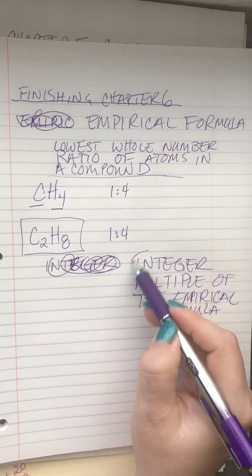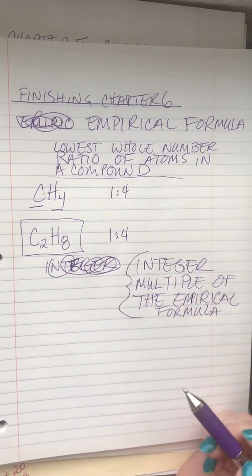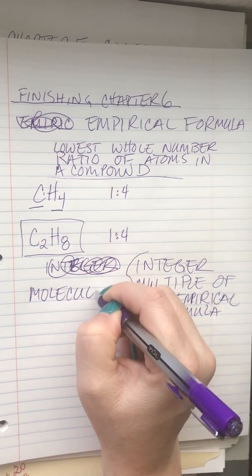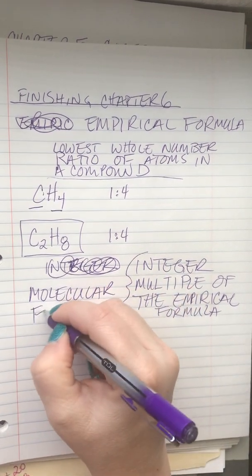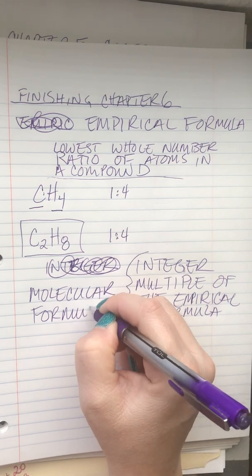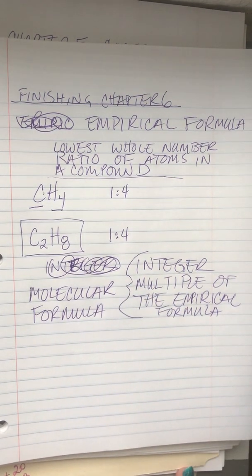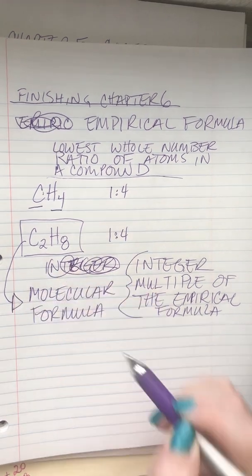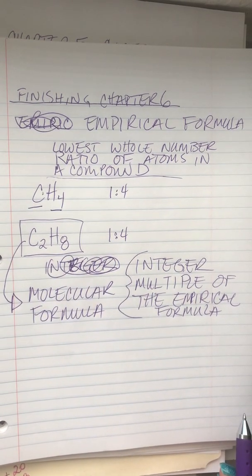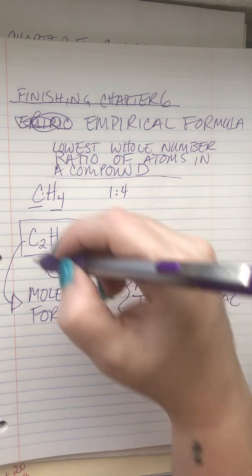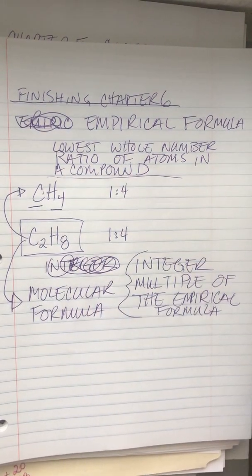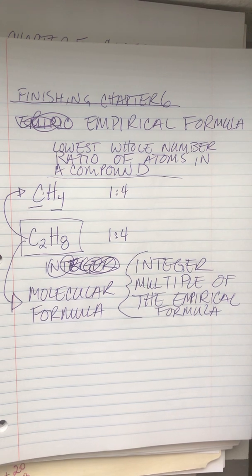So when you have an integer multiple of the empirical formula, that's called the molecular formula. So this would be the molecular formula for this compound, and this would be the empirical for the same compound. Does that make sense, guys?